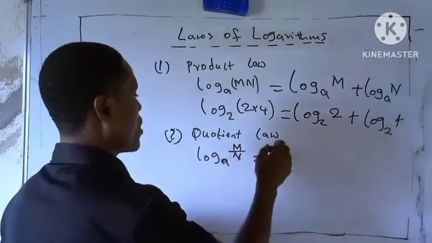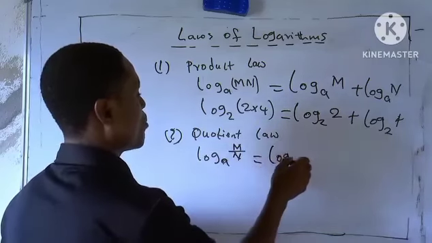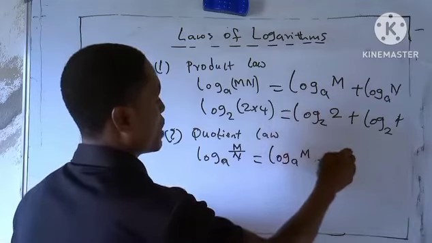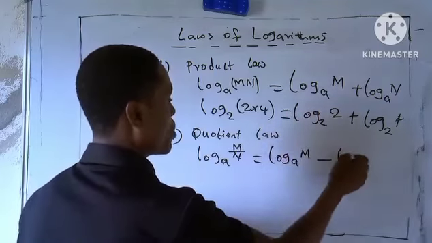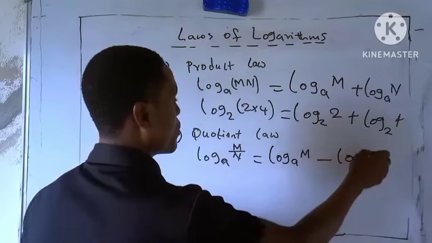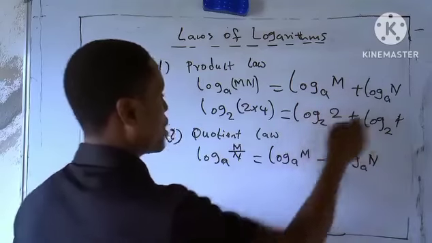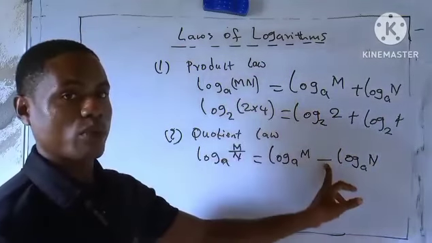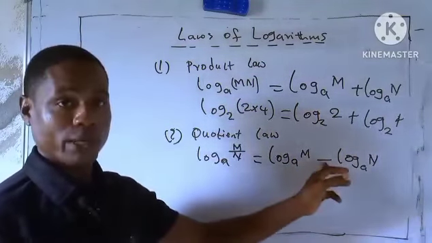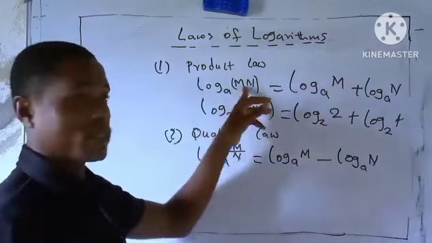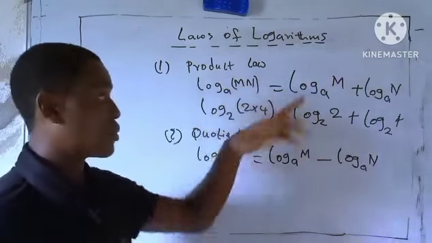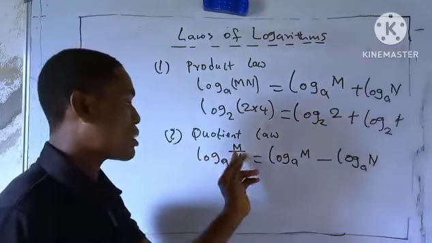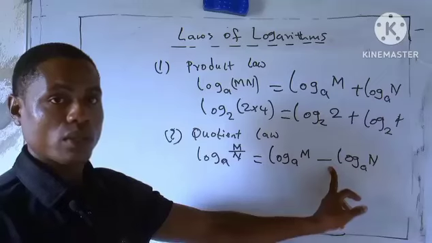So this, you can write in this form: log base a of m minus log base a of n. So if here is division, the middle here will be minus. The first one is multiplication, while here is plus or addition. But this second one here is division, then here will be minus.